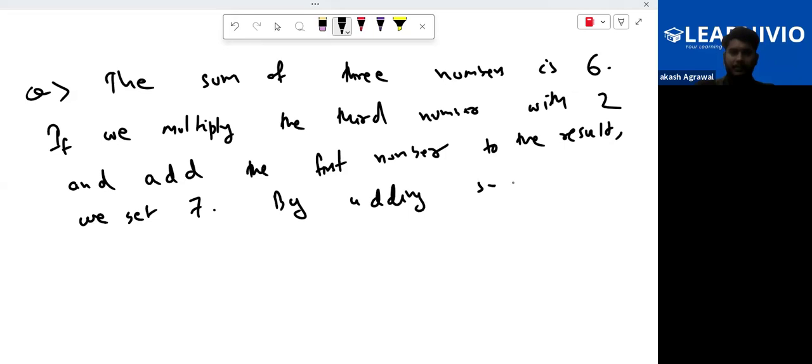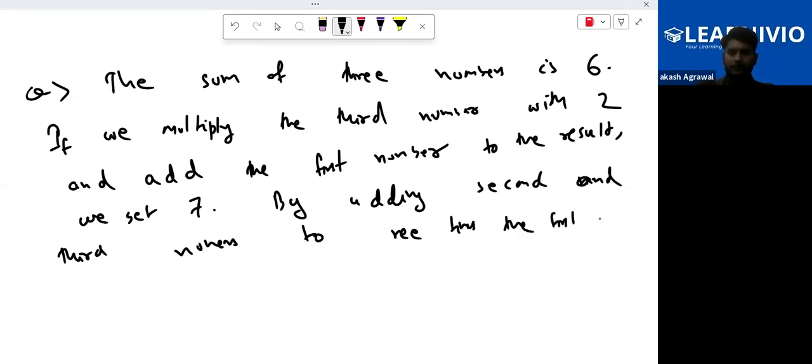By adding second and third numbers to 3 times the first number, we get 12.